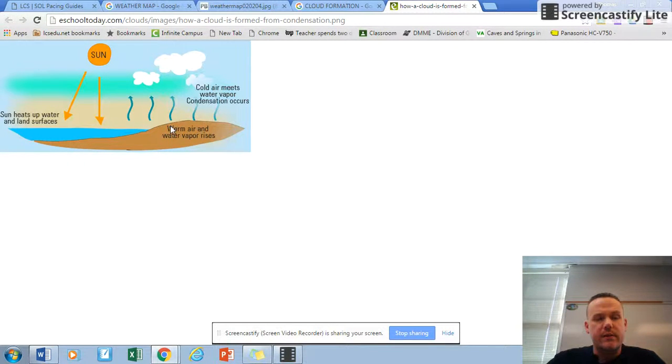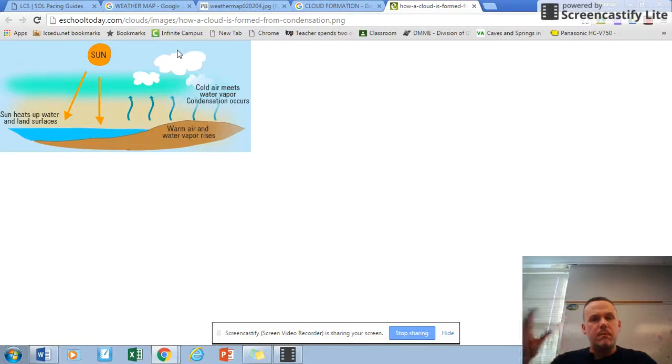So here, like I was talking about, warm, moist air is going up, and then it gets colder. And once it gets colder, remember, cold air can't hold moisture. Warm air can hold a lot more moisture than cold air. So as the warm, moist air goes up, it has to condense because the cold air can't hold the moisture, and it condenses onto condensation nuclei, and the clouds form.